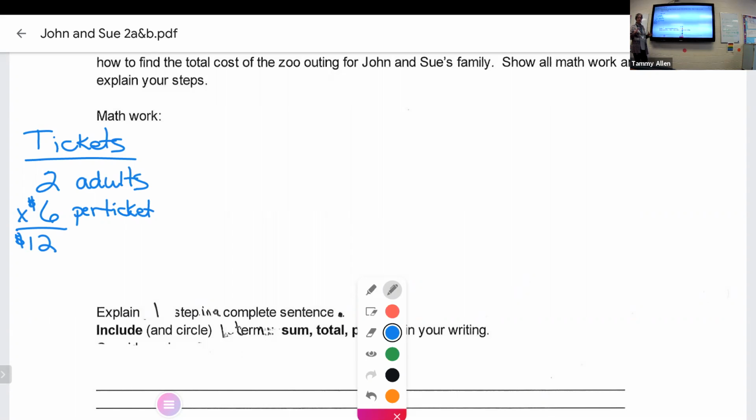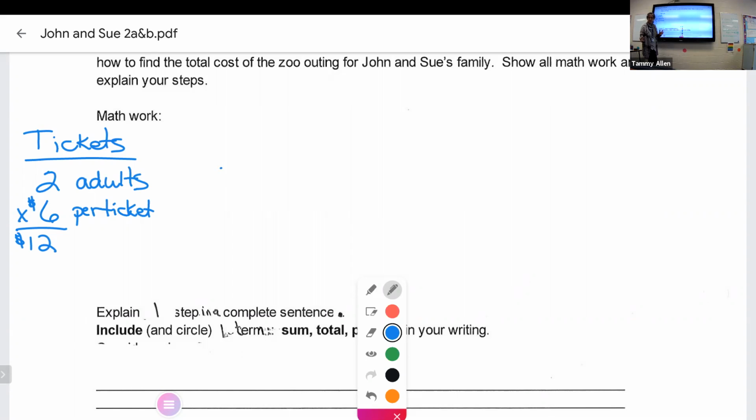Any multiplication we have to do yet? Any other multiplication we have to do with tickets? For the children, okay, what do we have to do for that? How many kids? 3 children.